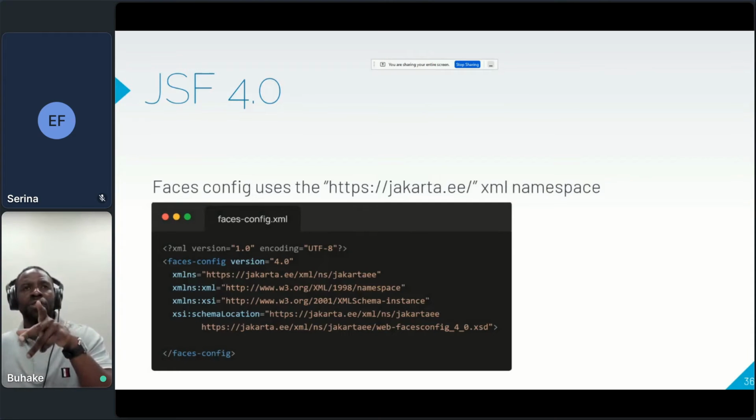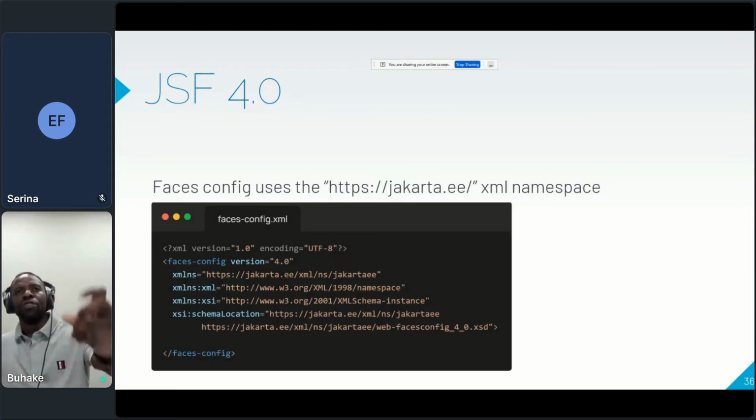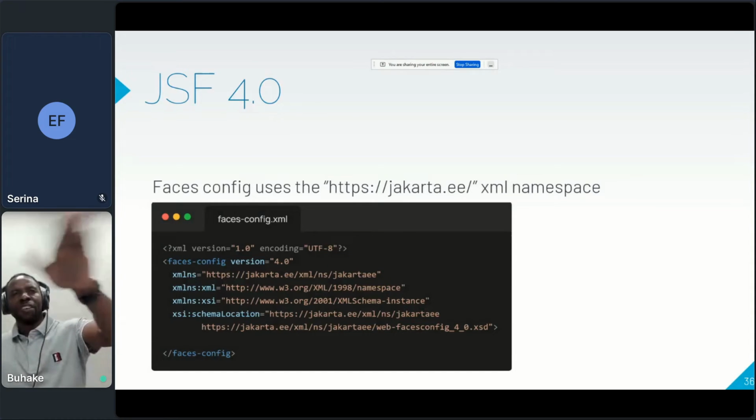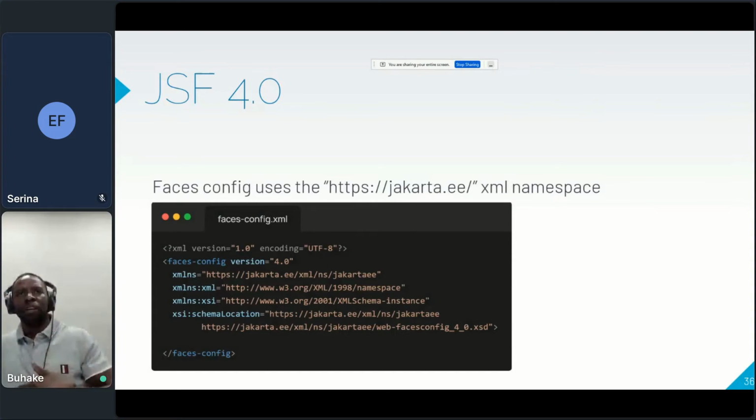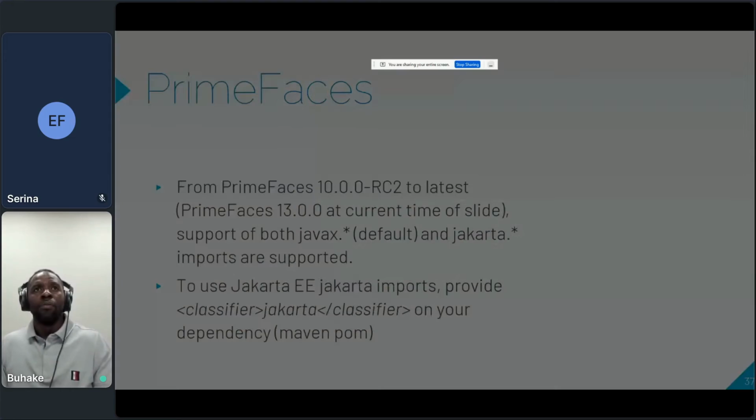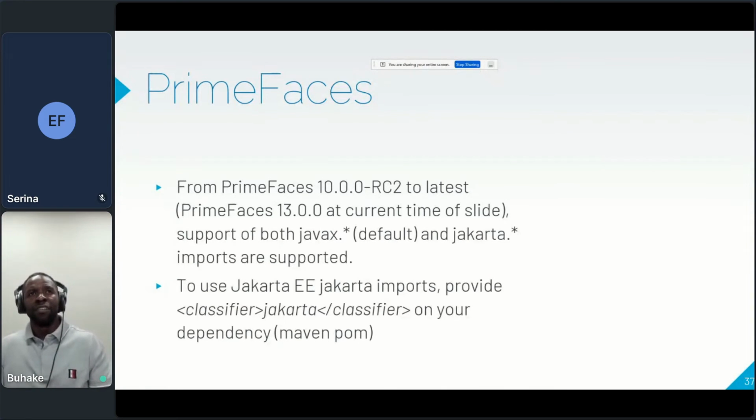As you can see, your schema location has changed to Jakarta EE, and the suffixes of the URL are still the same. So it's still web-facesconfig, except that it's now 4.0.xsd, because we're trying to use the latest version of JSF.